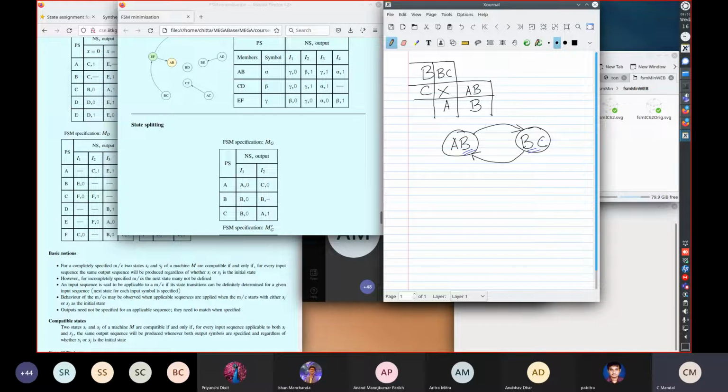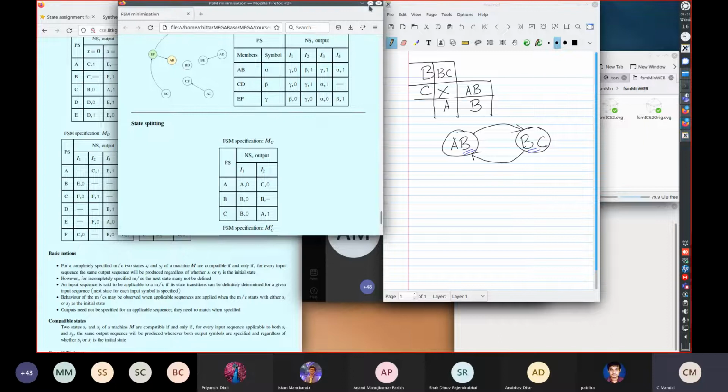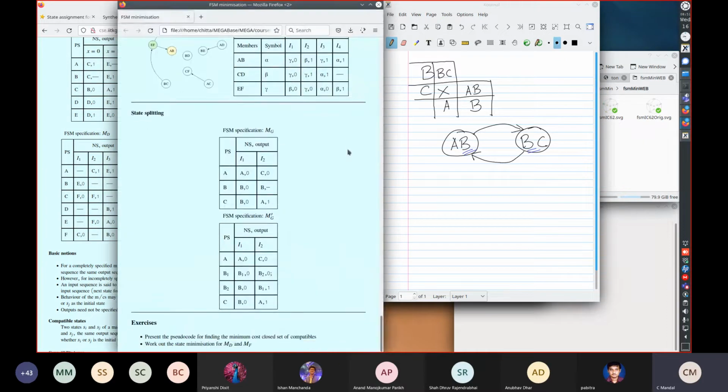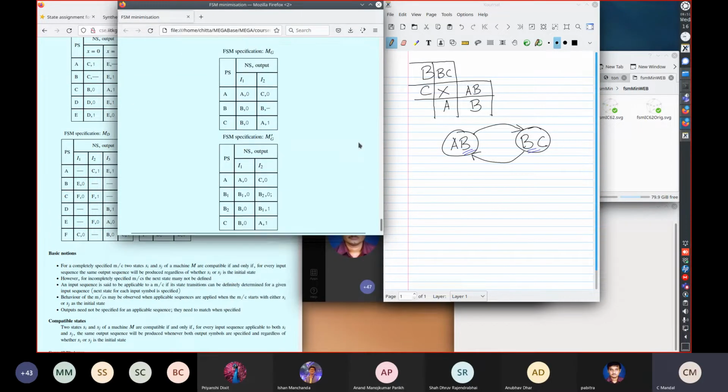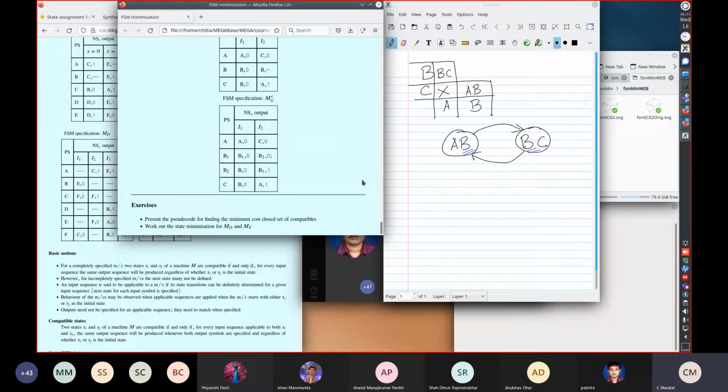So we come to the concept of state splitting. That is what we have done here. If you look at this table, we have split B into two states, B1 and B2.